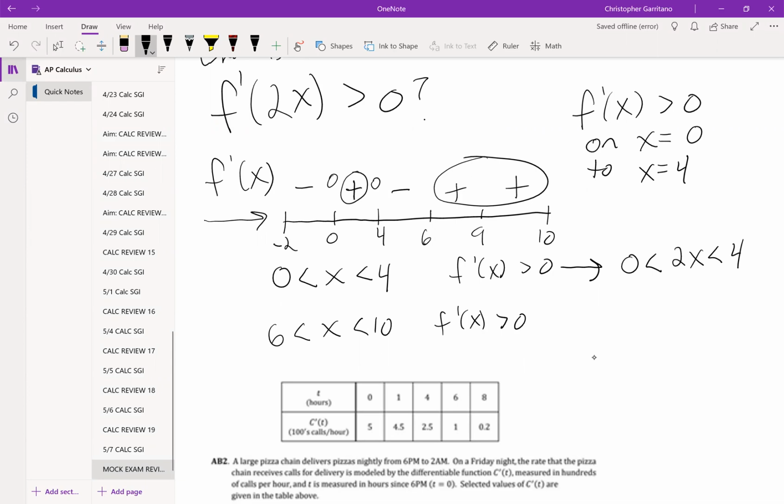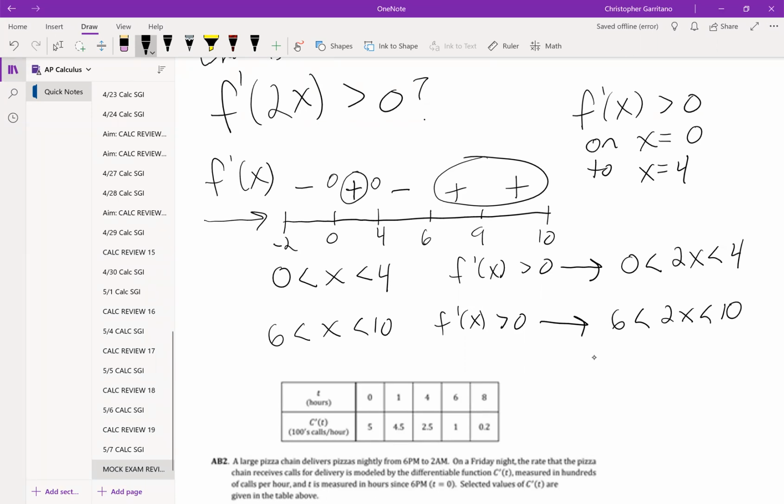Instead of using the variable x, we're using the variable 2x. I would have preferred to use different letters here, but just understand that this is like saying u is equal to 2x. So instead of x, I'm going to use 2x, and I still have these two intervals.